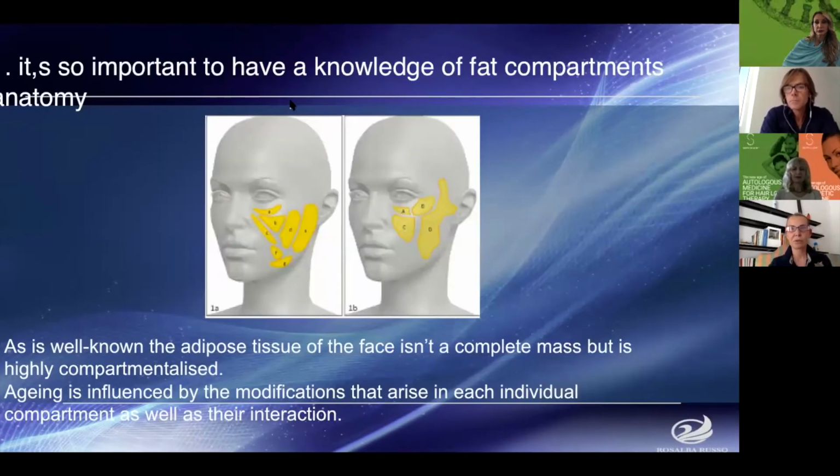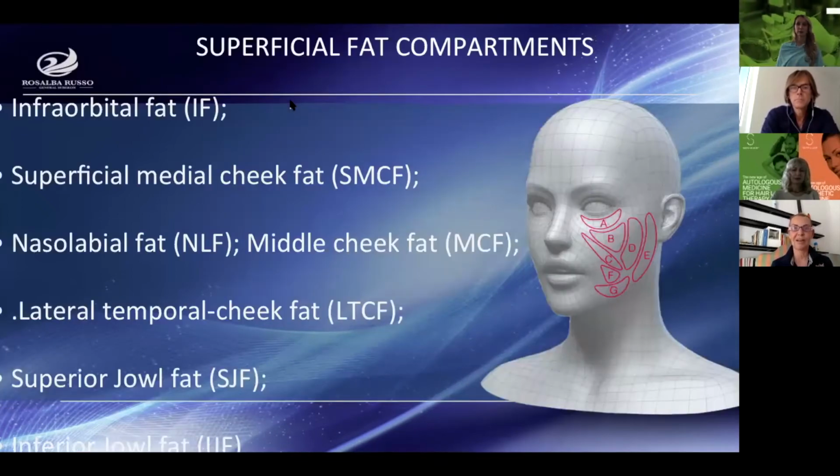In order to contrast the aging process, we need to have a good knowledge of anatomy, and above all, remember that the subcutaneous fat is compartmentalized, as Rohrich and Pessa have widely stated. As you can see, we divide it into superficial fat compartments and deep fat compartments.